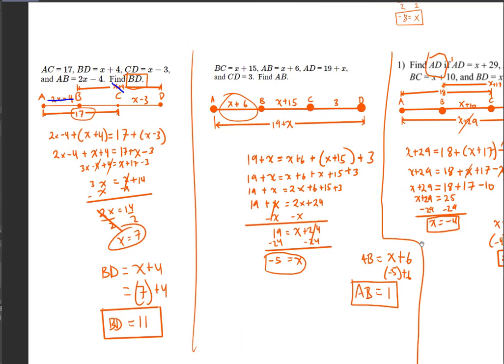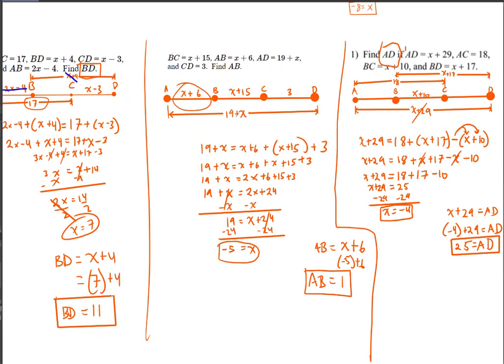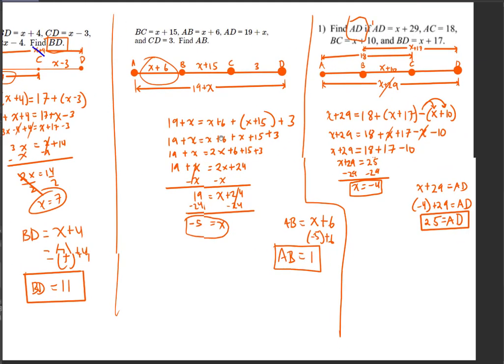So all right, let's look at these three archetypes. Remember this one here, they gave you the pieces, right? They didn't give you the whole, and what you had to do was define the distance from A to D with one set of parts, and then redefine it again with another set of parts and set them equal to each other, and then solve for x and continue. This one here, they gave you the whole, and they gave you all of the parts neatly lined up, and all you had to do was set this whole equal to the sum of all its parts, right?